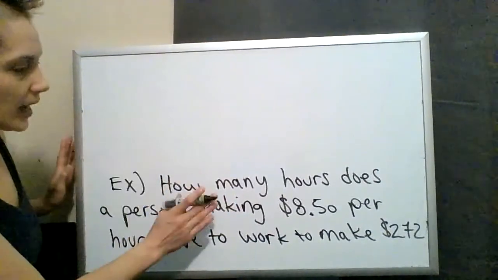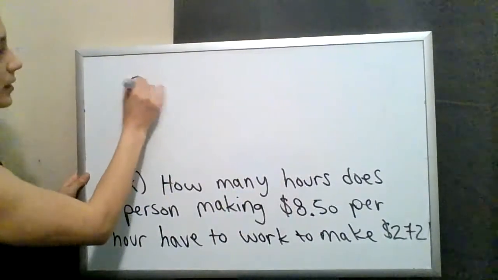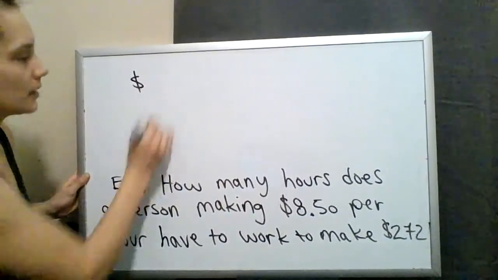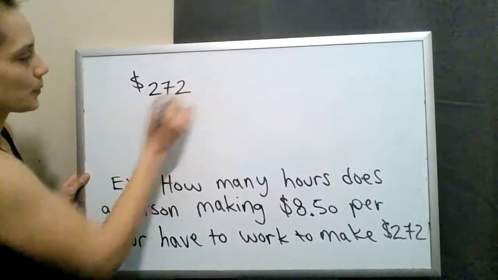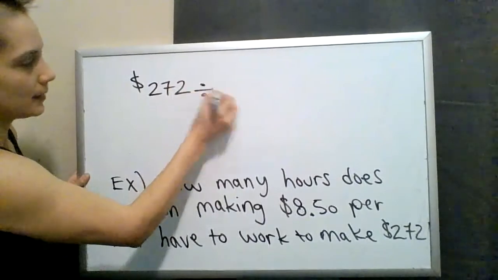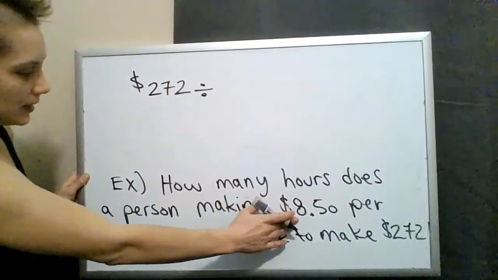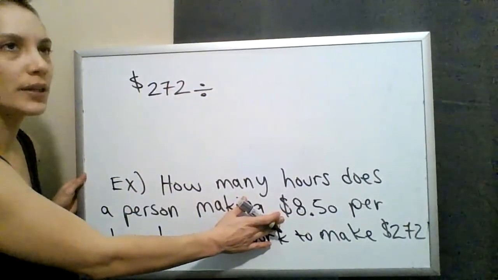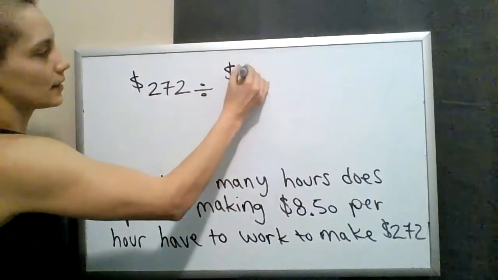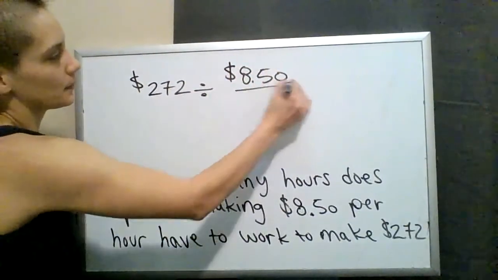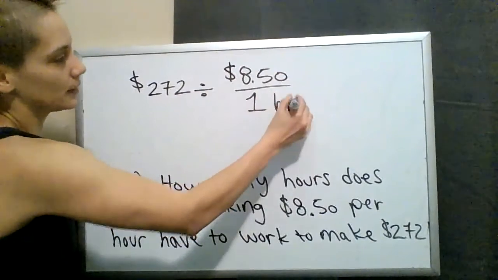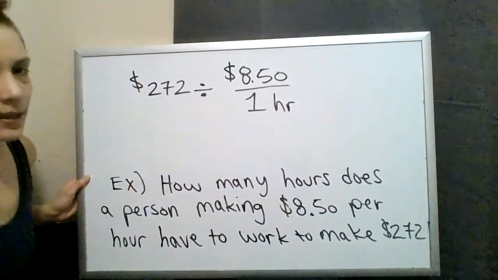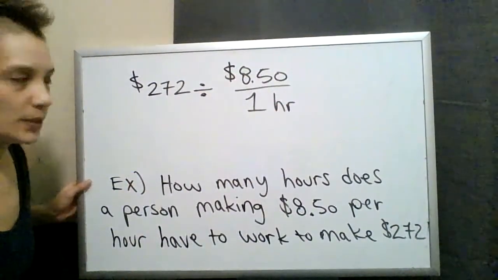So we have that unit of dollars divided by, split it up by the make per hour, 1 hour. Okay, first we're going to take care of this.